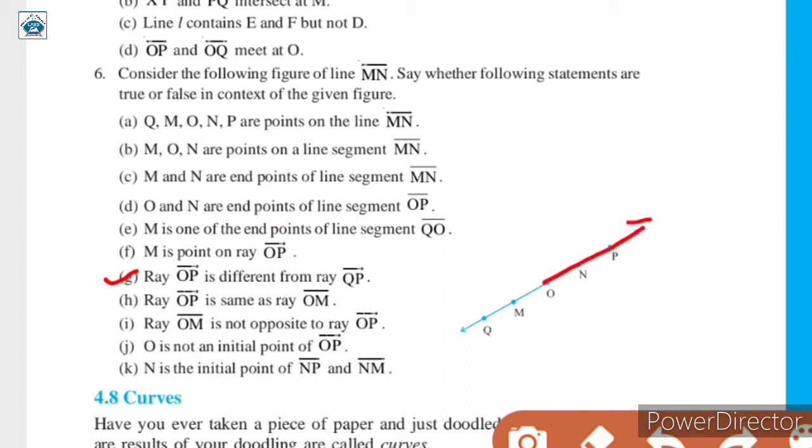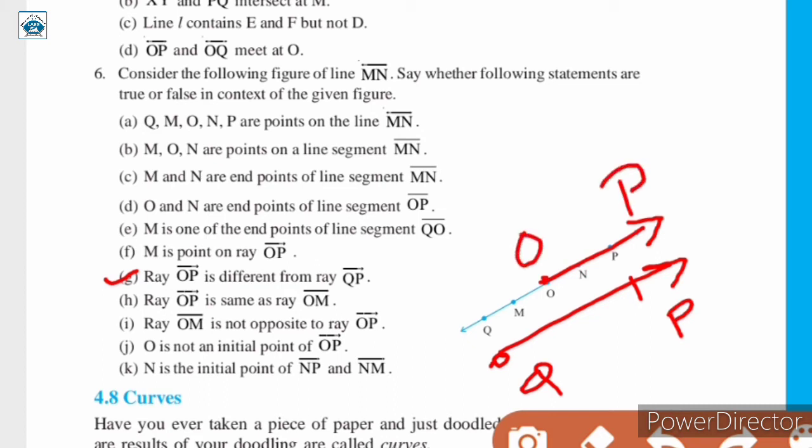Here we have ray OP and here the starting point is Q and this is ray QP. These are two different rays because QP has point M but OP does not have point M. Therefore this statement is true because ray OP is different from ray QP.